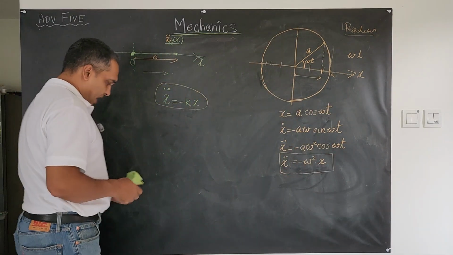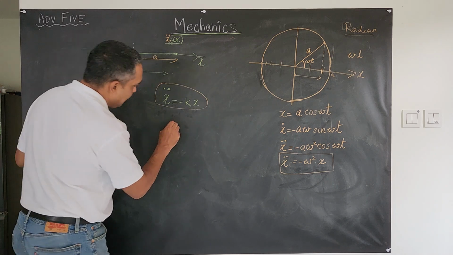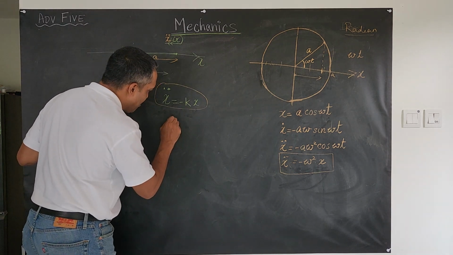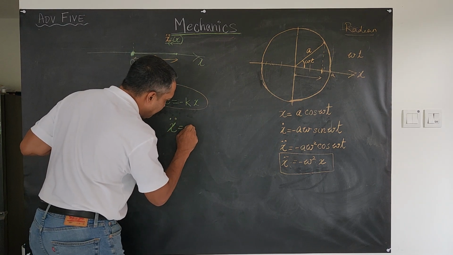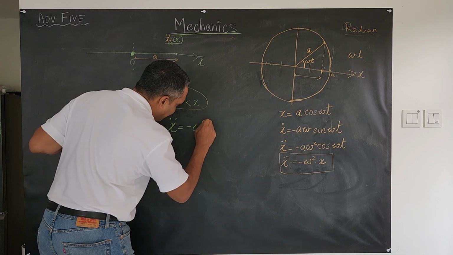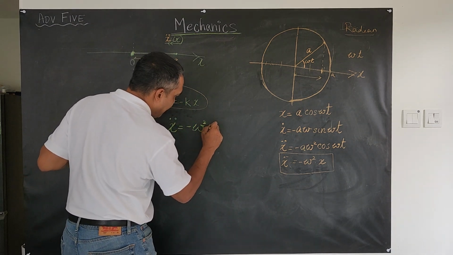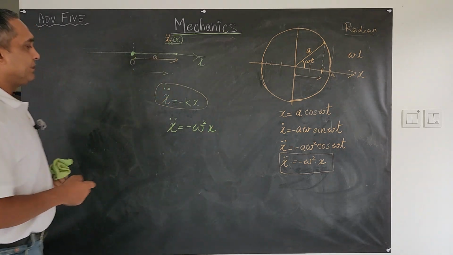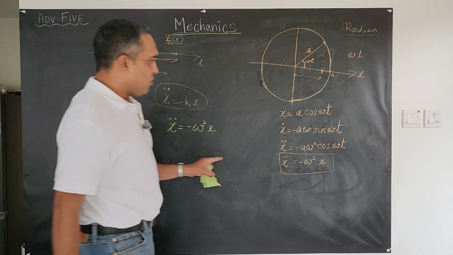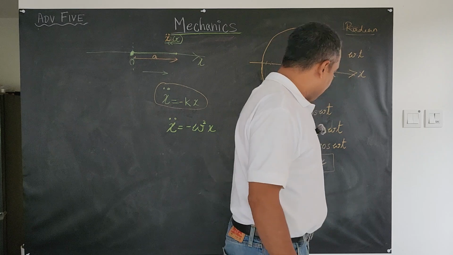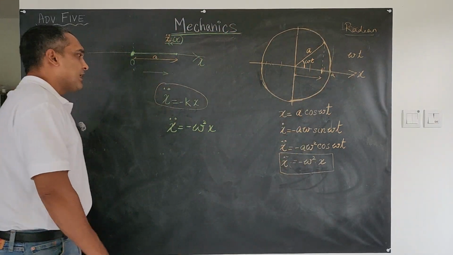So I can now say that for simple harmonic motion, acceleration is equal to the negative square of angular velocity times x. But I do want to take a little bit of an extension to this.